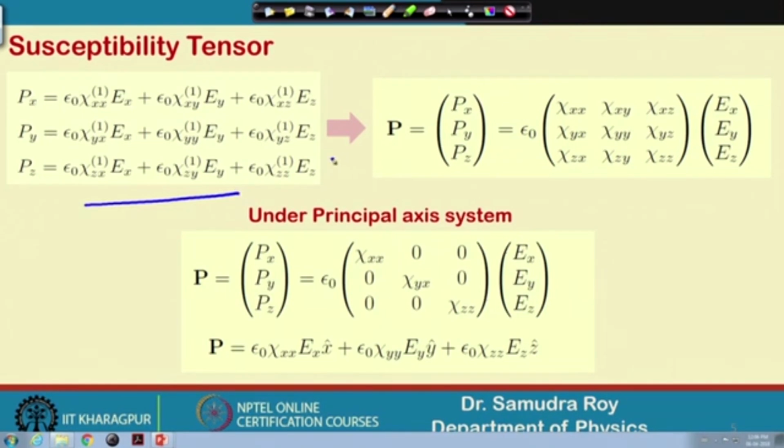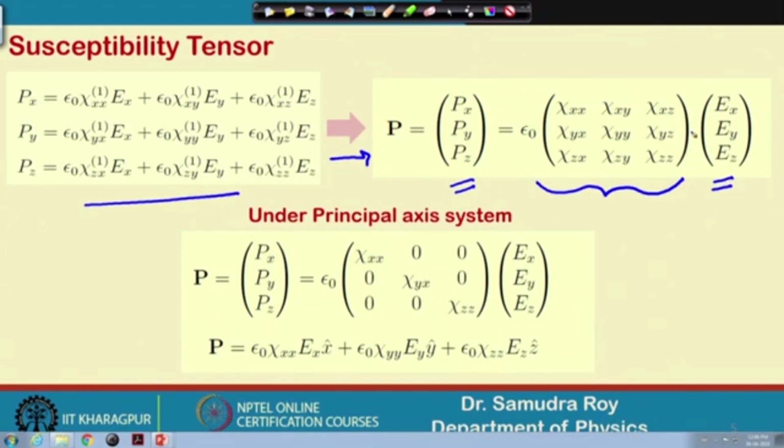This arrangement leads to a matrix form, and here we have a susceptibility tensor in the matrix form with rank 2. So, P and E are now in vector form, and they are related by some kind of matrix which we call the susceptibility tensor.